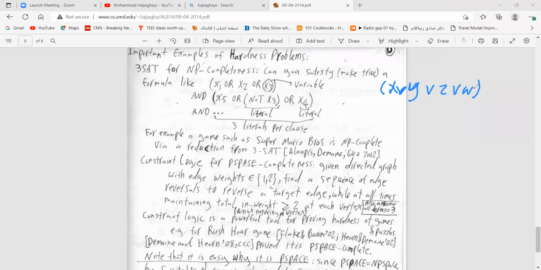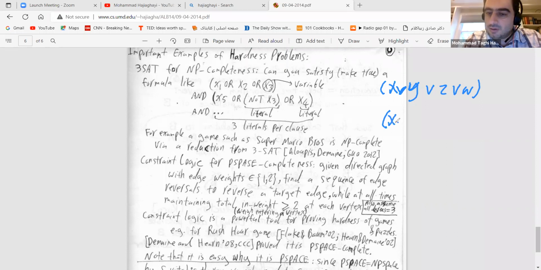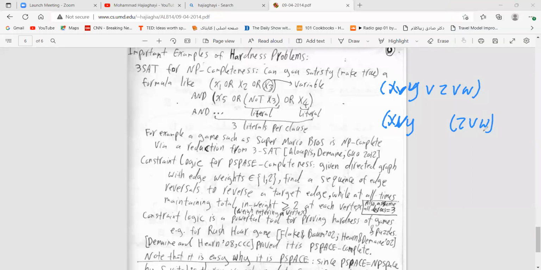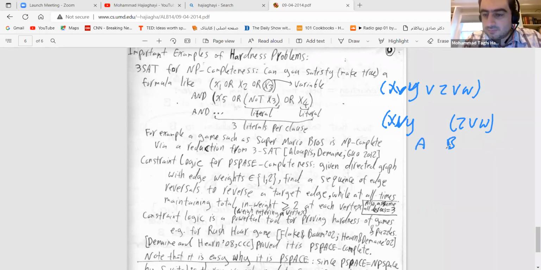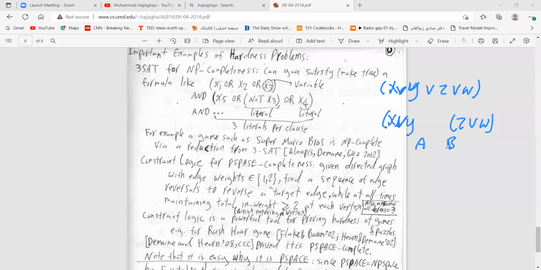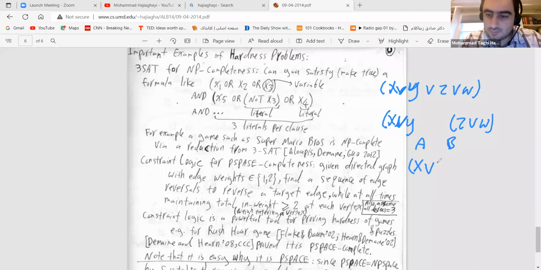Maybe we can add some more variables like A and B to represent them, in a way such that by adding more clauses, you can guarantee that A always equals X or Y, and B always equals Z or W. So maybe we do X, Y here, then Z, W here. Then you can add 2 more variables, A and B. And in order to guarantee that X or Y always equals A, maybe we can use 2 clauses here. So one is X or Y or A.